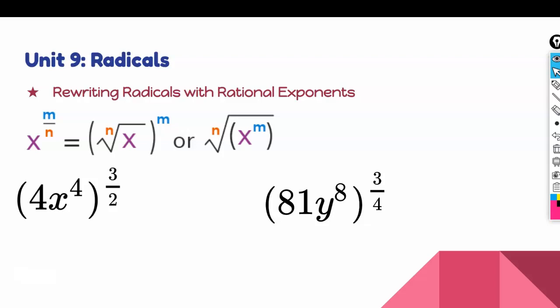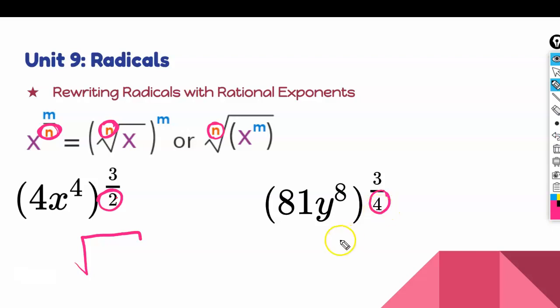So what you have to know is that this number on the bottom is going to be that little number outside of the root. Little number outside the root. So if it is a 2 on the bottom, it would be a little 2 on the outside, except we never do that. It's just a square root.